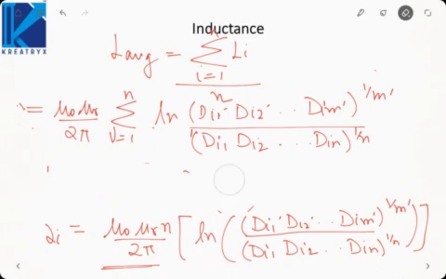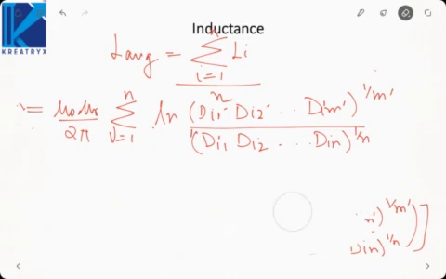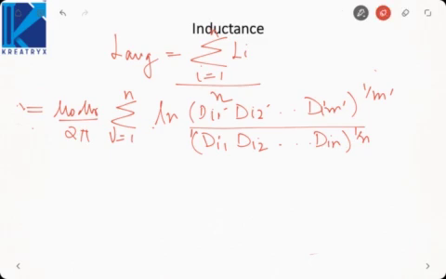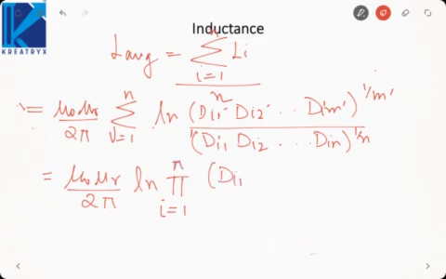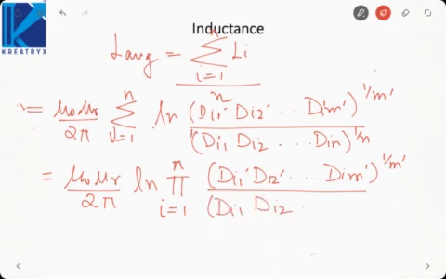Okay, now whenever the logs are added, their arguments are multiplied. So we can replace it like this. Multiplication can be represented as pi, then d I1 dash I2 dash up to d Im dash raised to the power 1 by m dash divided by d I1 d I2 up to d In raised to the power 1 by n. So that is the average inductance of each conductor.